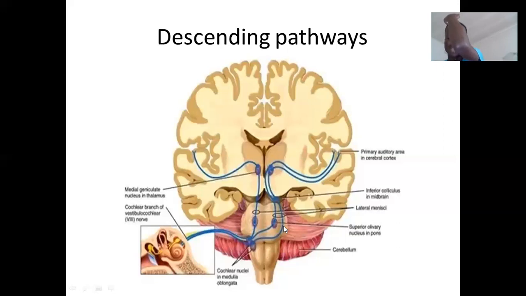For someone with conductive deafness, the sound is referred to the deafer ear. That is, if I have a problem in conduction in my left ear, the sound will be referred to this ear, right? But if it's a sensorineural deafness, the sound will be referred to the normal ear. That is in a Weber's test.